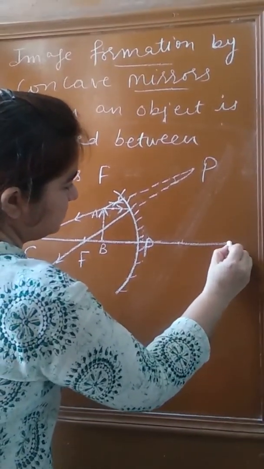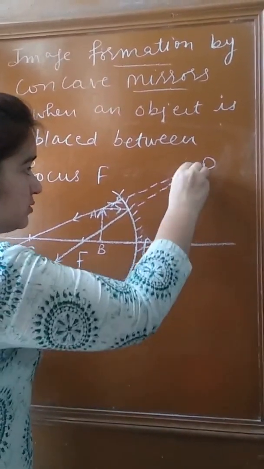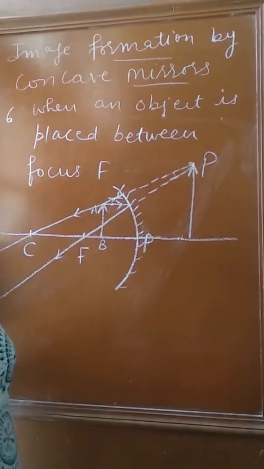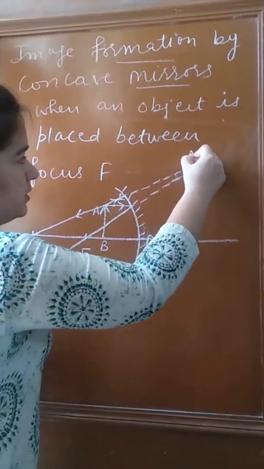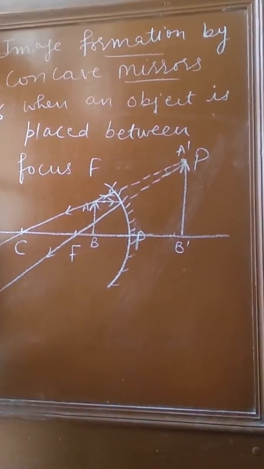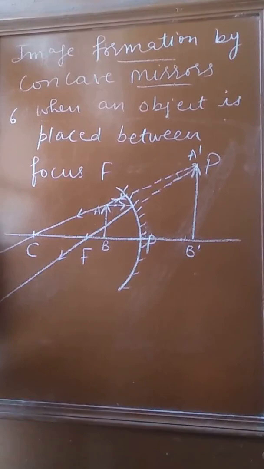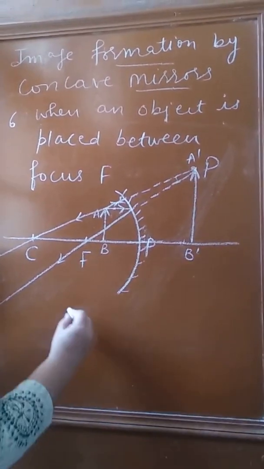Now we extend the principal axis. The image formed appears to form at this point behind the mirror. A dash B dash is the virtual image formed of the object AB behind the mirror.